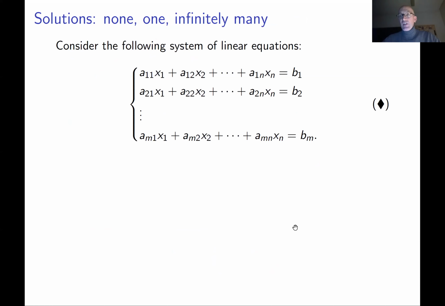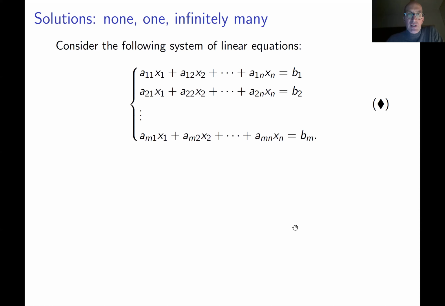The kernel is a vector subspace, so it either consists of one vector, the zero vector, or it contains infinitely many vectors. In this lecture we assume, of course, everything is real.